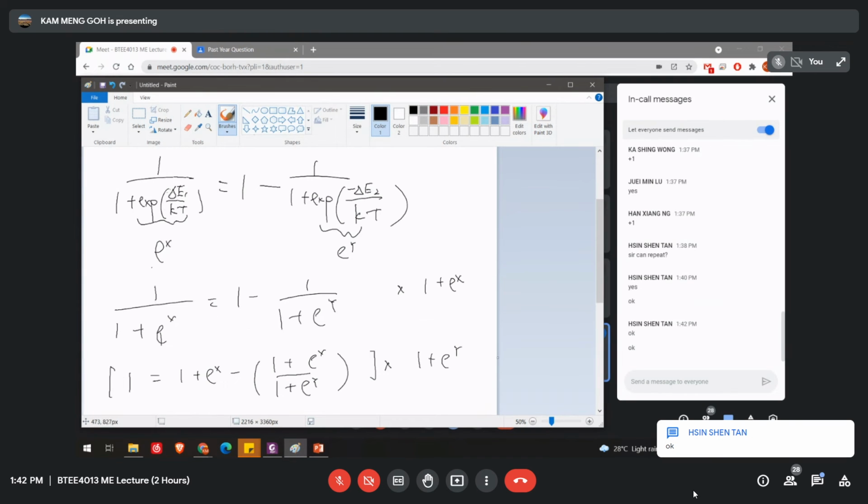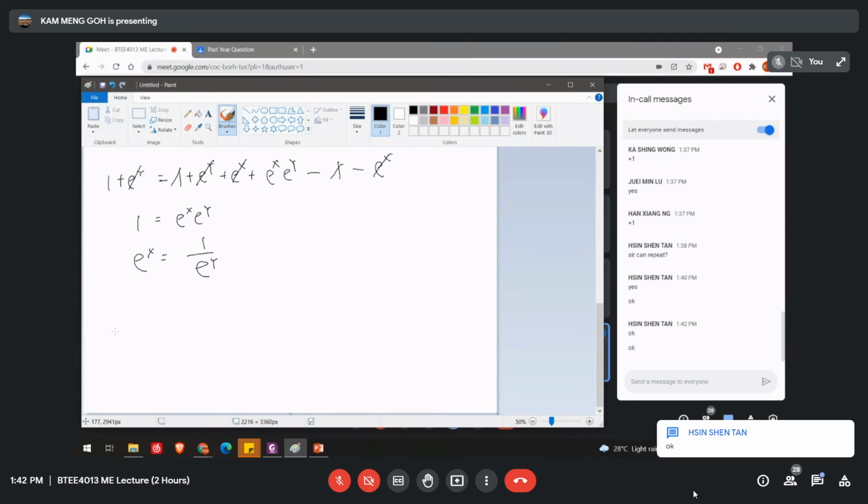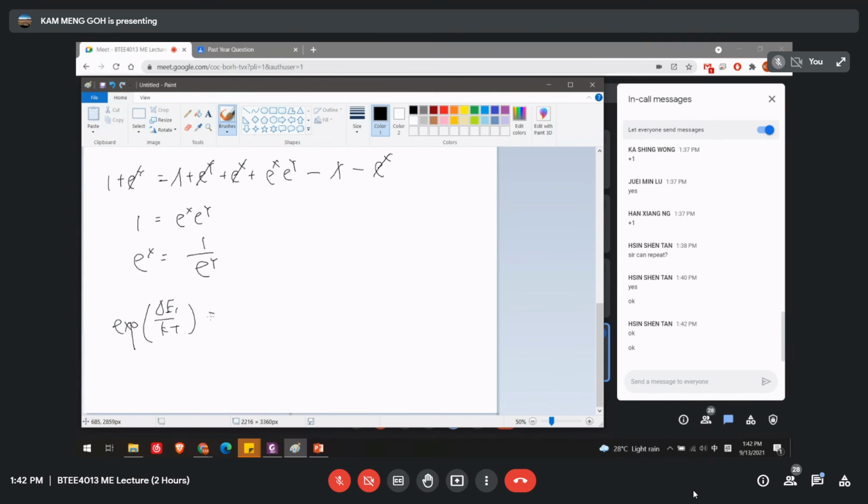Okay, then ES will be equal to exponential E1 over KT. So this will be 1 over exponential minus E2 over KT. This part okay?